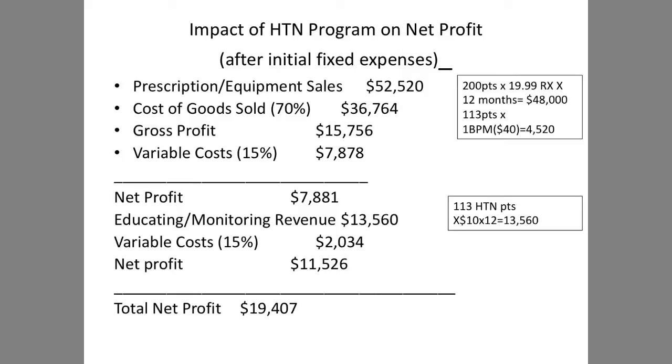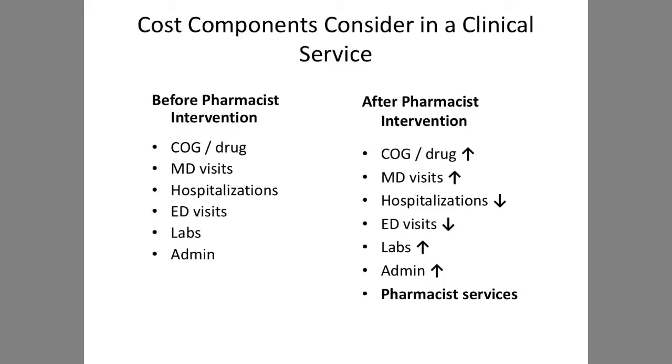So for every patient that you talk to for 20 minutes, that's going to be $13.50. Now you would factor in what is the cost of your pharmacist salary for that, and is it worth doing? It might not be at $13.50. So you might equate that out of that $45, I need at least maybe 60% of that. And so this is the way we start planning how to do a service, and evaluating costs and profitability.